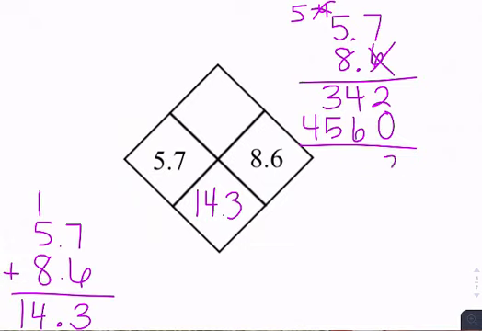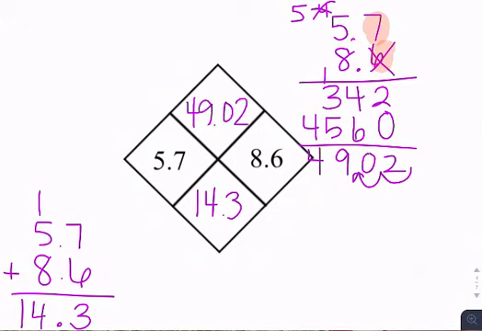So now I add 2, 10, carry the 1, 9, and 4. And I look to see how many numbers come after my decimal, and it's 2, so I move it 2 places. So I get 49 and 2/100. Perfect. So there's my completed diamond problem.